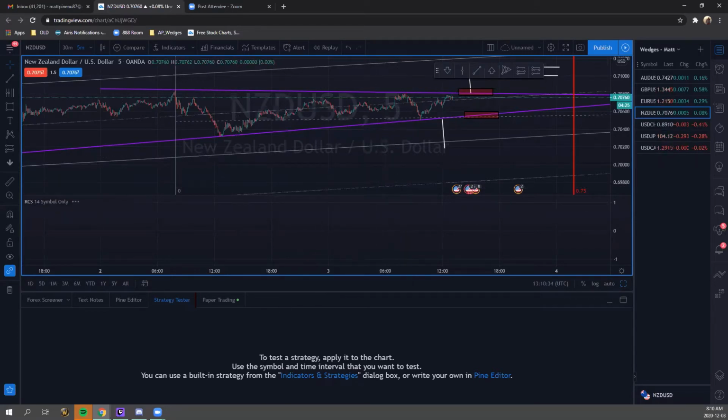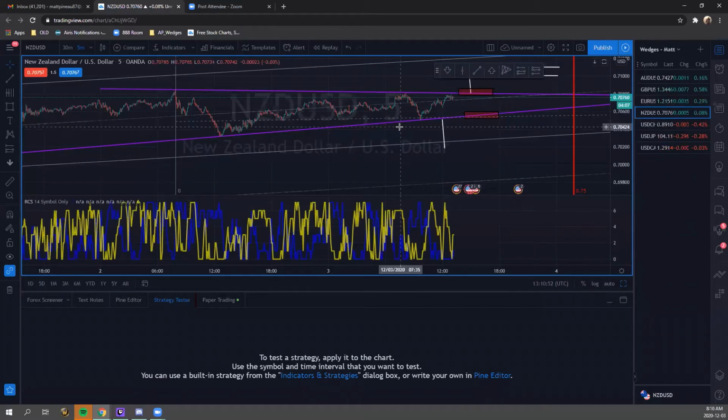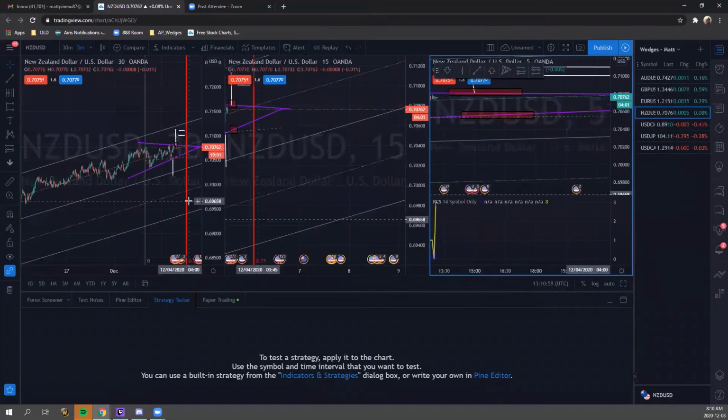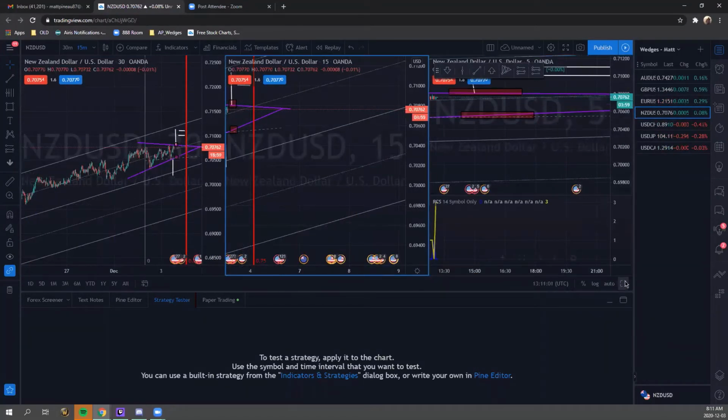If you look at the pattern of the symbols only, as it propagates, it takes a little while sometimes. Well, there's a lot of calculations involved. Put it on the 15-minute chart, and then spread it out a little bit. So let's put RCS here.